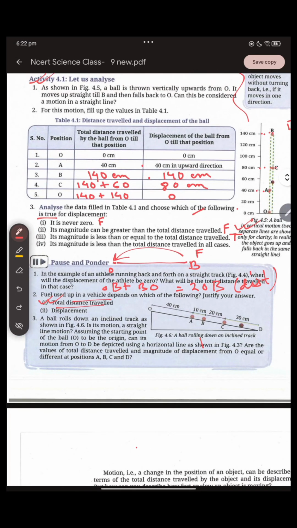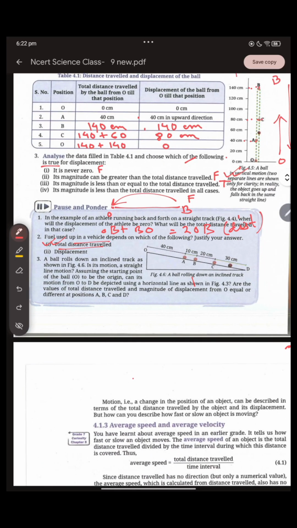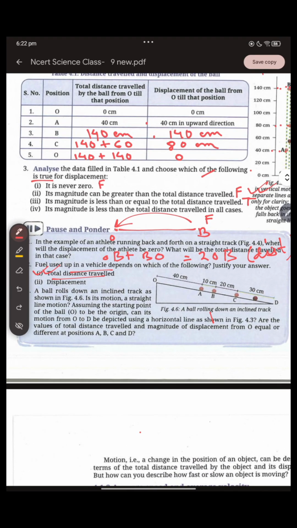Now, let's see. A ball rolls down an inclined track as shown in figure 4.6. The ball is rolling down as it is shown in the figure. Now what happens in this motion? Is this motion a straight line?